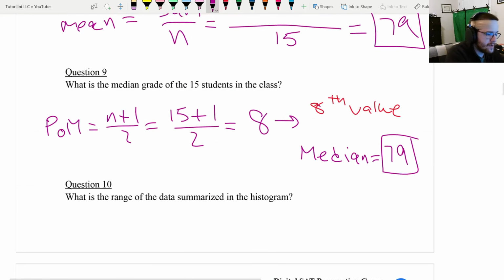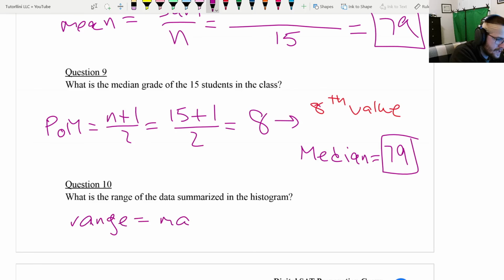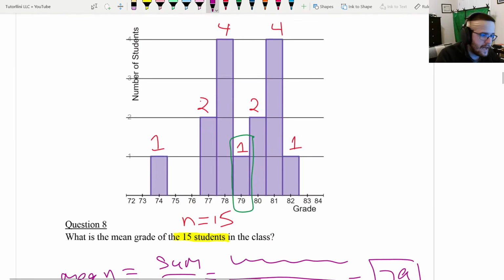Okay, and range, we're going to do range equals max minus min. And let's see, the maximum is 82, and the smallest bar is 74.